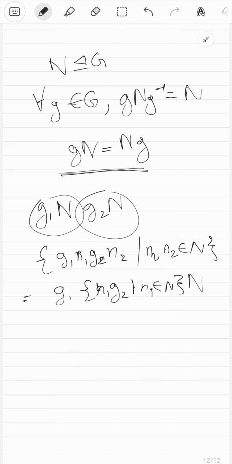But the first is the coset Ng2, the right coset.